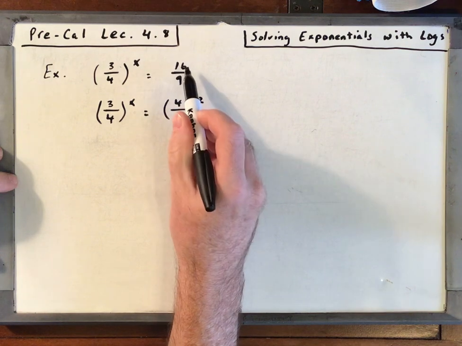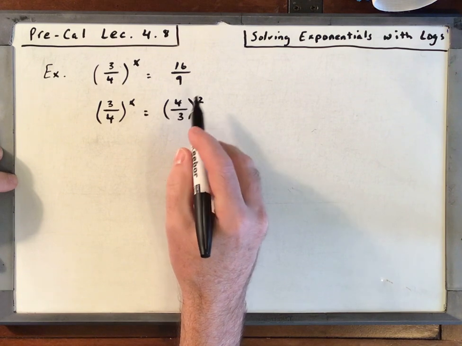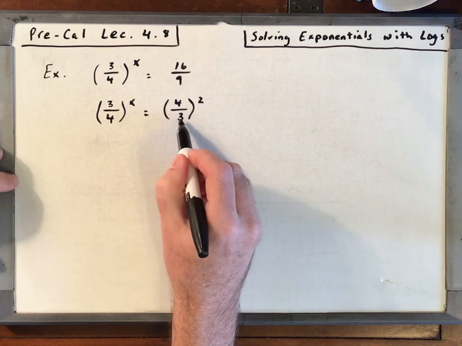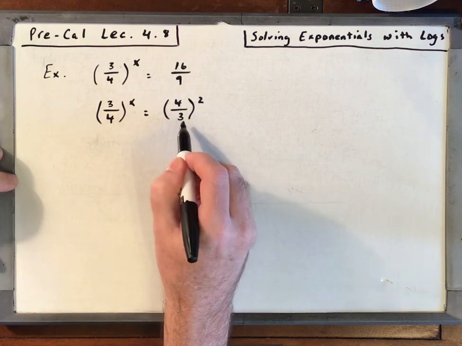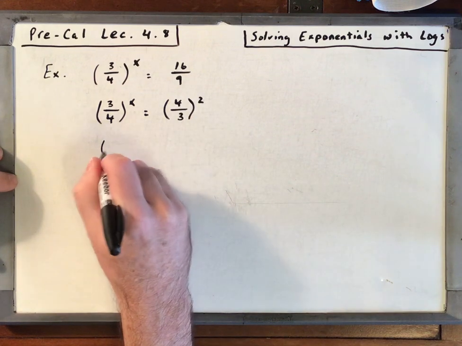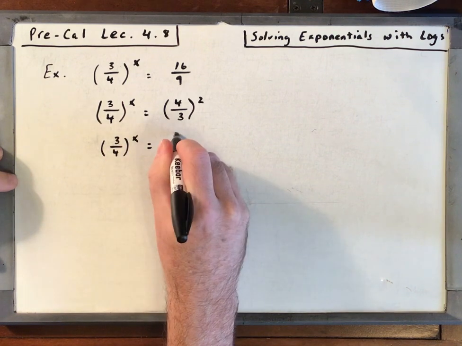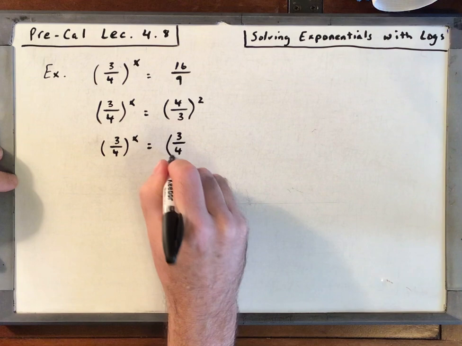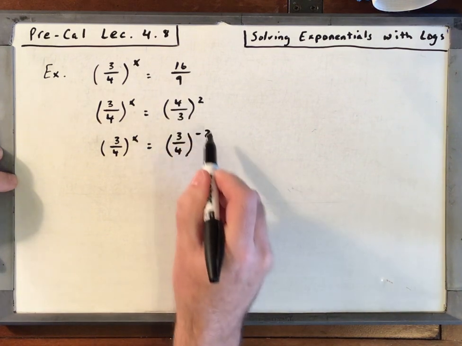If we square 4/3, we get 16 over 9. Now, you might remember our little trick. If I flip the fraction and change the sign of the exponent, I could get that 4/3 into a 3/4. So we have 3/4 to the x power is equal to 3/4 to the minus 2 power. So I flip the fraction, change the sign of the exponent.